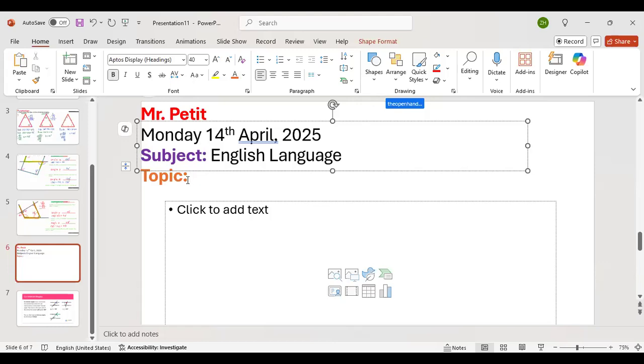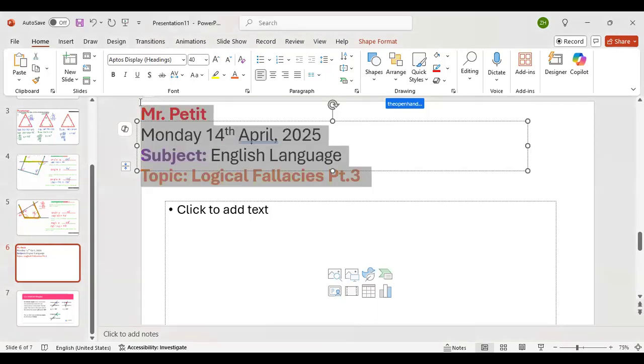So it's going to be logical fallacies. I think that's part 3. Before we did part 3.